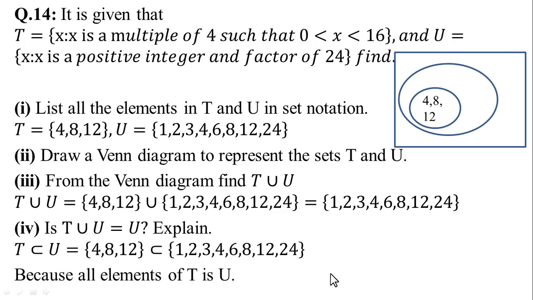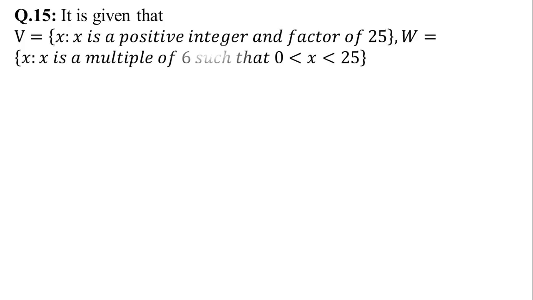Now in question number 15, today's last question, it is given that V is equal to the set of x such that x is a positive integer factor of 25, and W is the set of multiples of 6 such that x is less than 25.